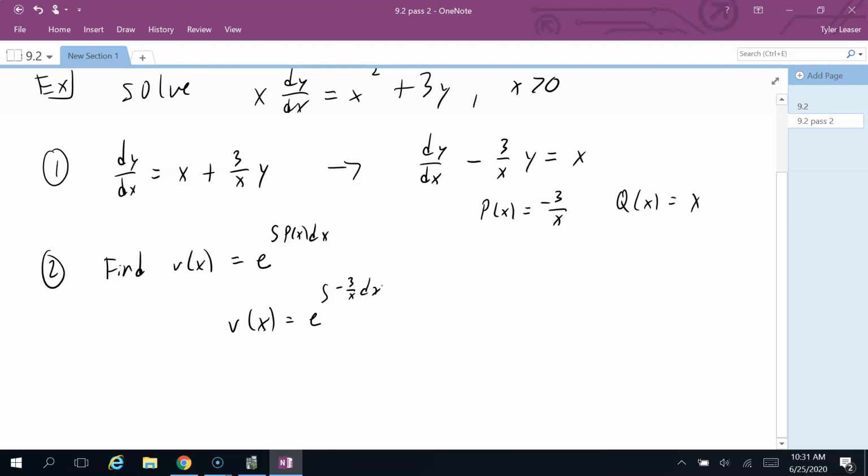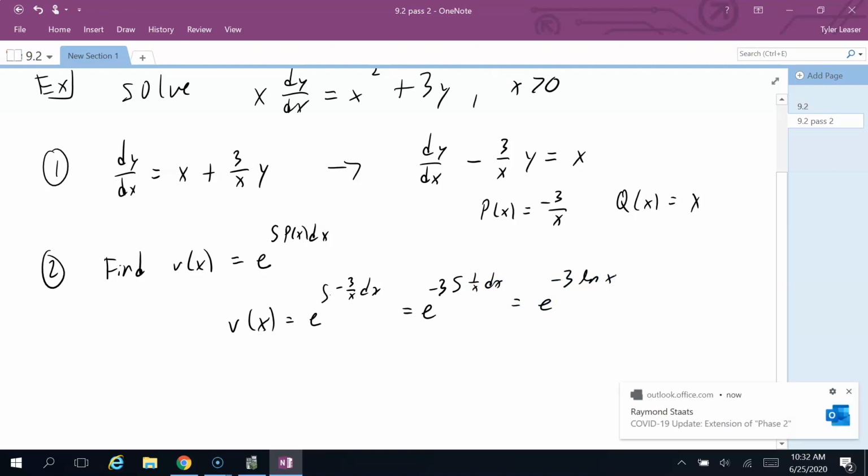Okay, and then you just do this integral. So what we're going to do is pull that negative 3 out of the integral, and then we just have the integral of 1 over x dx, which is a natural log. I am not going to plug a plus c into there, just because you don't need it, and it's not going to help.